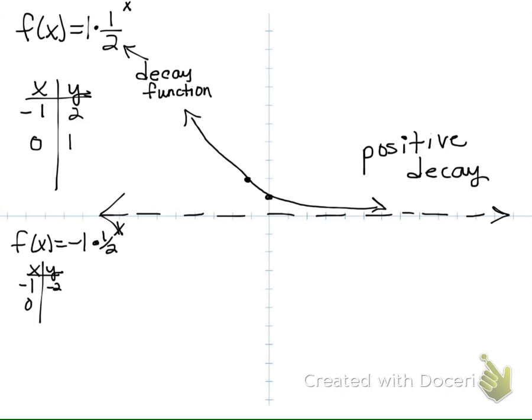So I'd have -2, -1. Again, it's a reflection. That A value, if it's negative, shows a reflection. So it would look like this. So yes, it's possible to have a negative decay. And that is when A is negative, just like when we did growth.